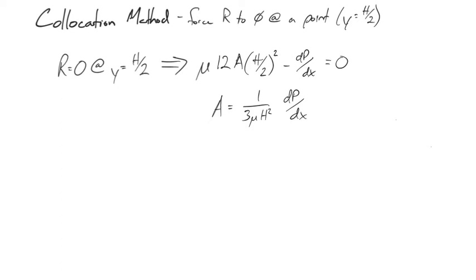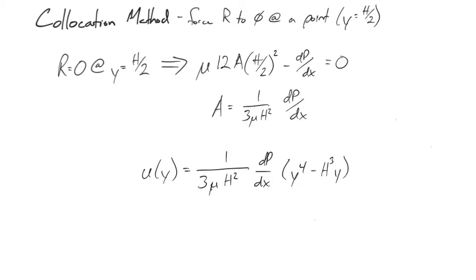We substitute a back into our velocity profile equation, and we end up with 1 over 3 mu h squared dp dx, all multiplied times y to the fourth minus h cubed times y. So that's our velocity profile. In the last slide, we'll compare that to the other methods.